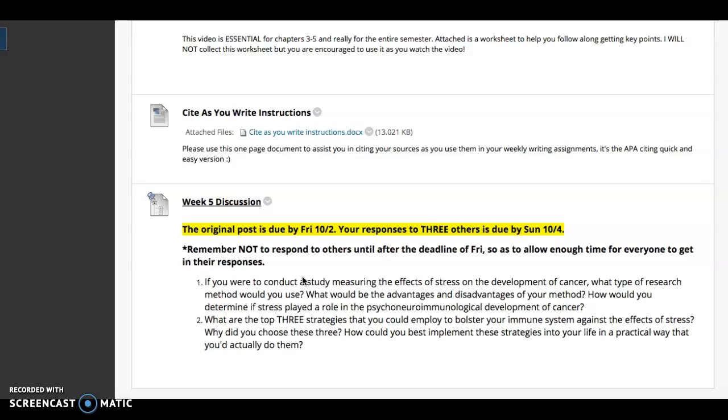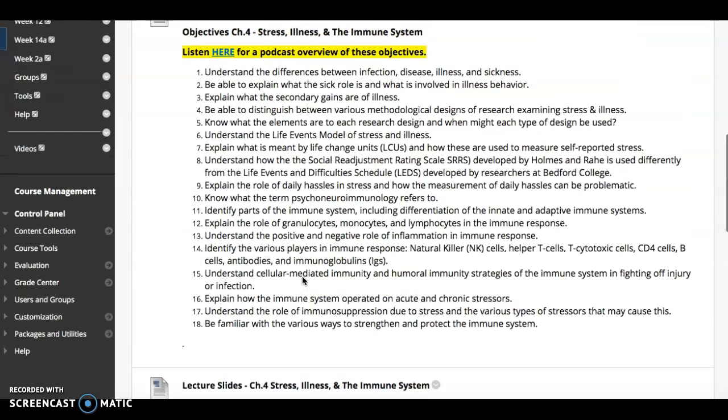I think that there could be a little more work spent on replying to others, making sure you're integrating in the chapter. When you're responding to somebody on a post that they made, how can you tie in this stuff, right? Do you have an opportunity to talk about psychoneuroimmunology?